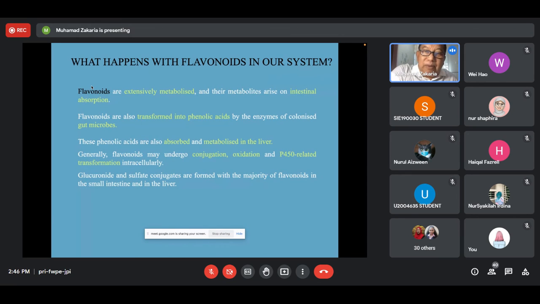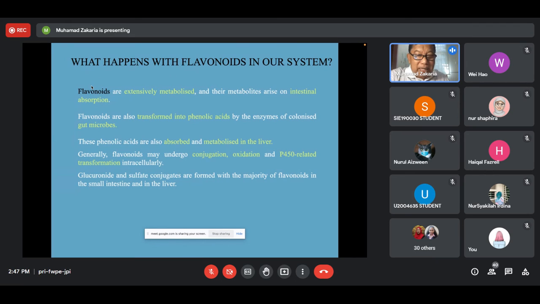What happens with flavonoid in our system? Flavonoids are extensively metabolized, and the metabolites arise in intestinal absorption. Flavonoids are transformed into phenolic acids by enzymes of colonizing gut microbes. These phenolic acids are also absorbed and metabolized in the liver.